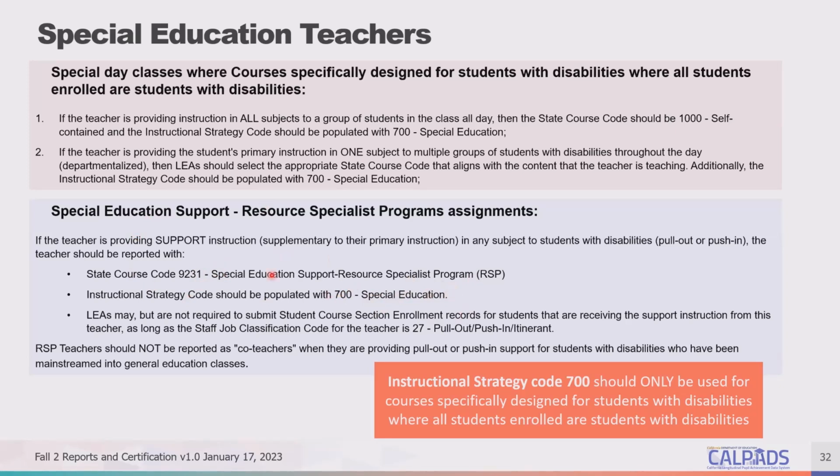By doing that and also reporting the teacher with a 27, you're able to account for the teacher's credentials, you're able to account for the teacher's class without having to roster students to their classes. Okay, so the combination is job classification 27, assign them to state course code 9231 with instructional strategy 700.